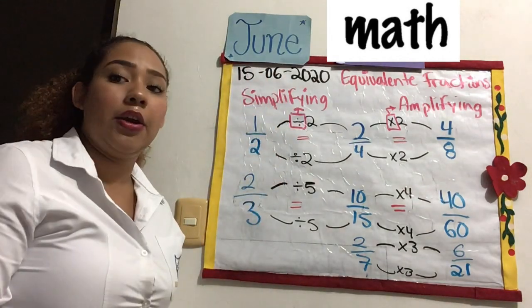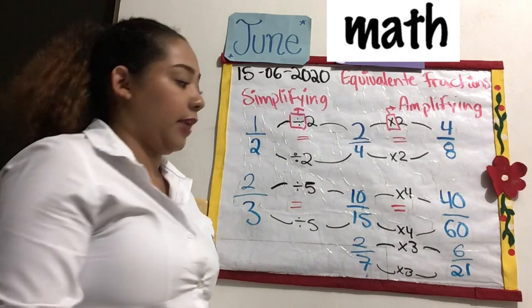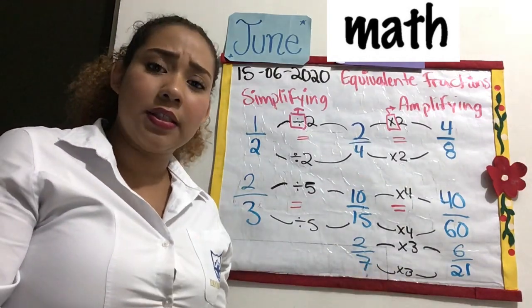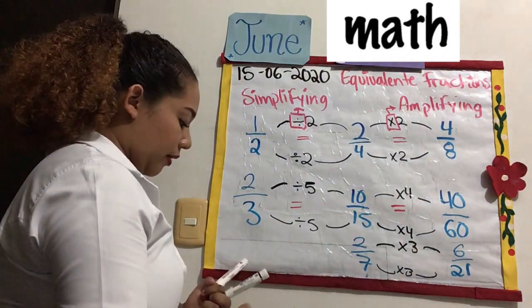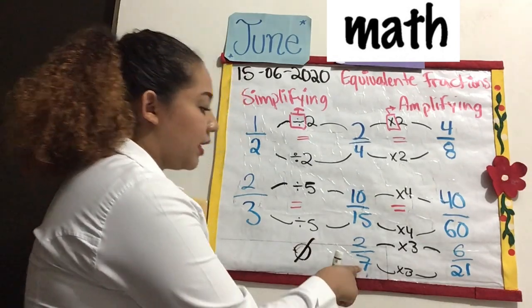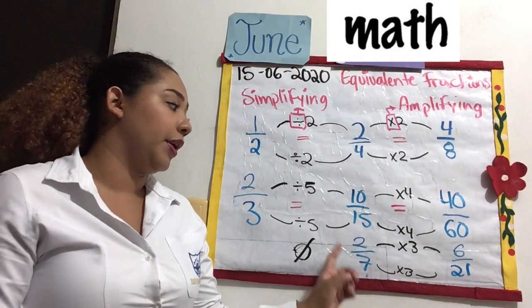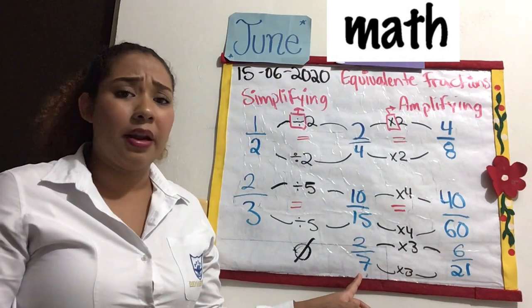So you see right here how I just amplified this fraction. And it's possible, but can we simplify this fraction? No. Why? Well, look, we cannot simplify because this is not an even number, this is an odd number. For example, can you divide 7 by 2?